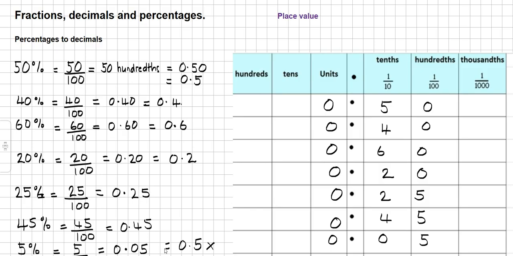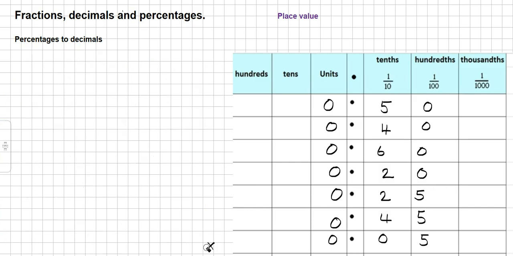But also, we need to be clear on why. If it's 5%, it's 5/100ths, and 5/100ths would have to be written in this column. Just like if you wanted 500, then you have to put the 5 in the column where the hundreds are, and then there'll be zeros after it. So have a go, and we'll look at some different percentages.